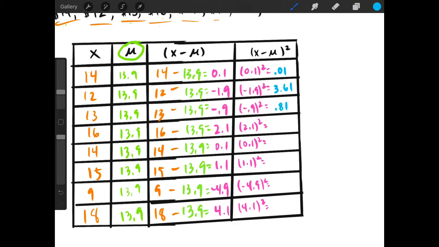We should end up with no negatives here, so just keep that in mind. 2.1 squared, 4.41. 0.1 squared, we've already done that, that's 0.01. 1.1 squared, 1.21. 4.9 squared, 24, and then 4.1 squared.